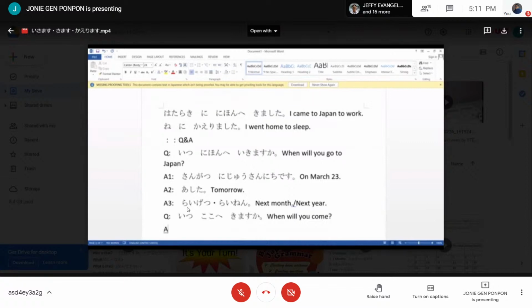You can answer it by atode or ashita, whichever you want to answer. Can be later or tomorrow. It depends on their answer. So that's how you ask and then answer for directional verbs.